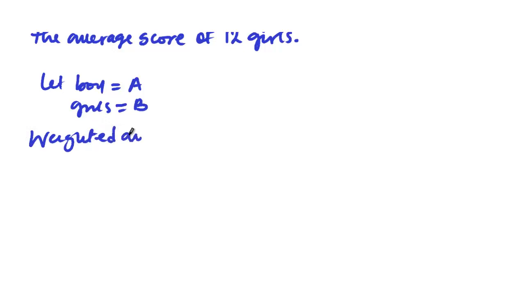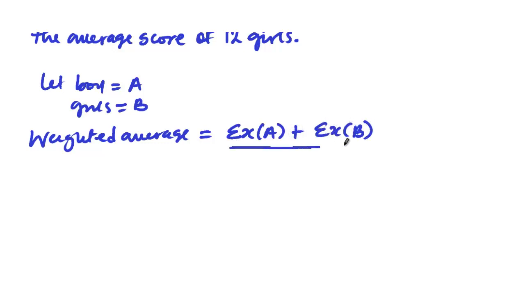The weighted average is equal to the summation x for the boys plus summation x for the girls, over the number of boys, which is A, plus the number of girls, which is B. Depending on what you are dealing with, I just use A and B.